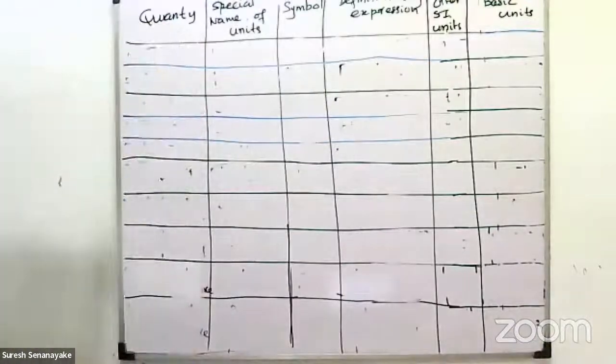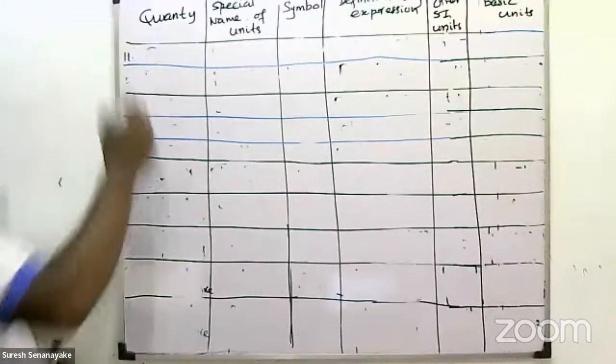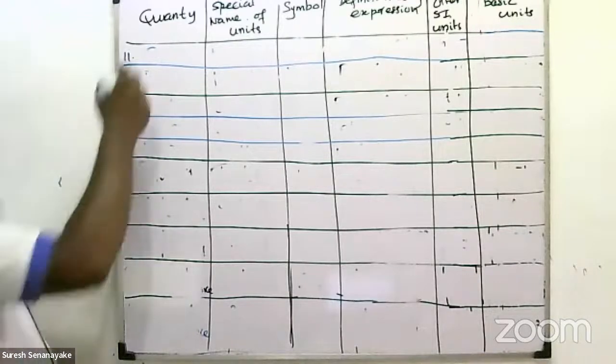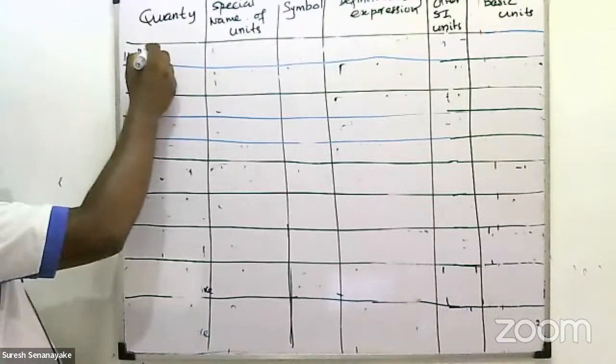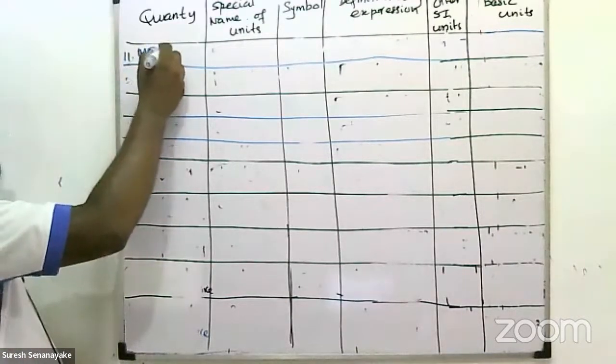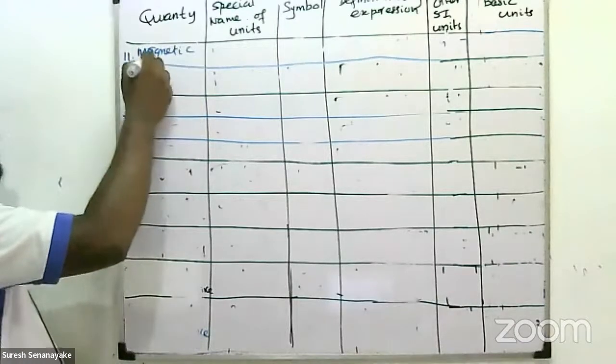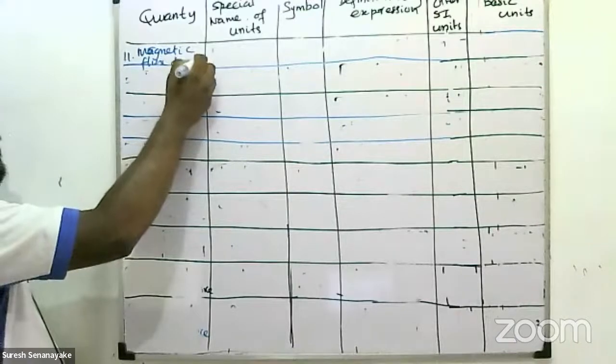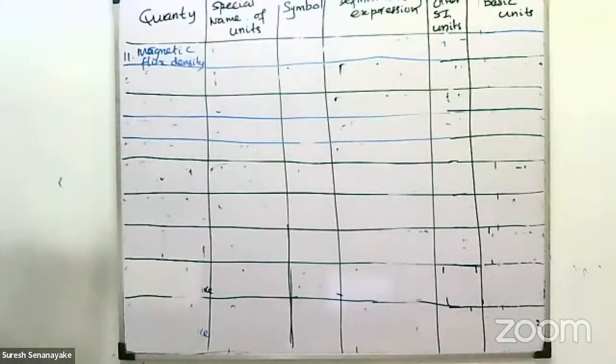All right. The other one, the 11th one, then magnetic flux density. Magnetic flux density, right?